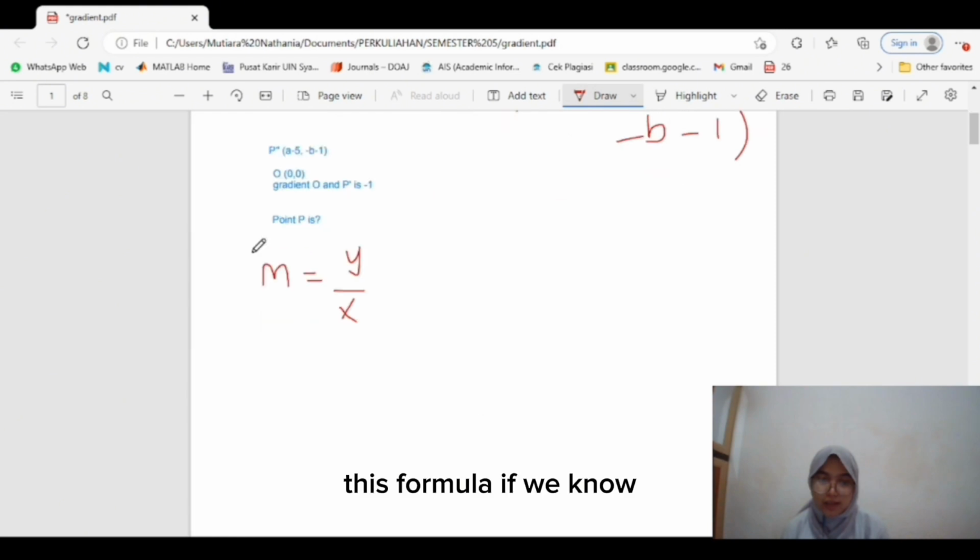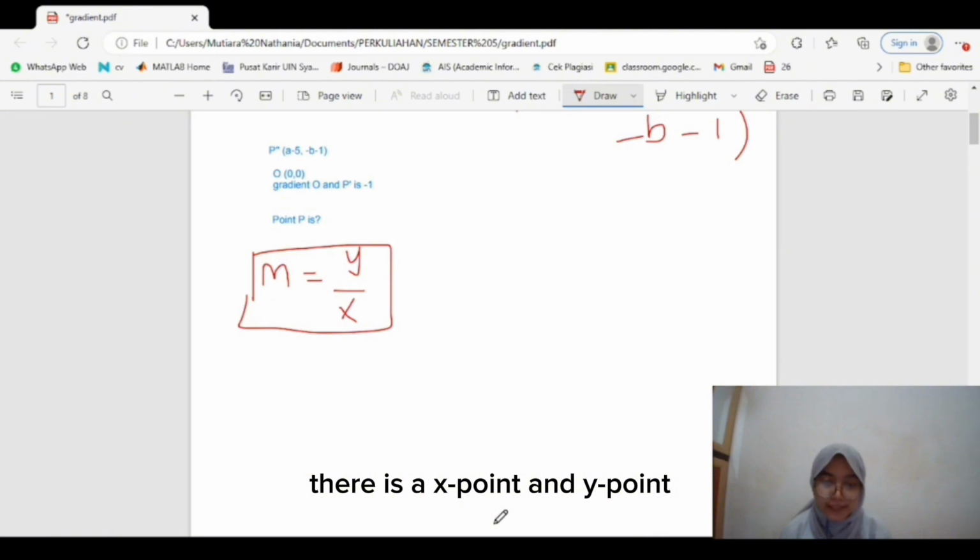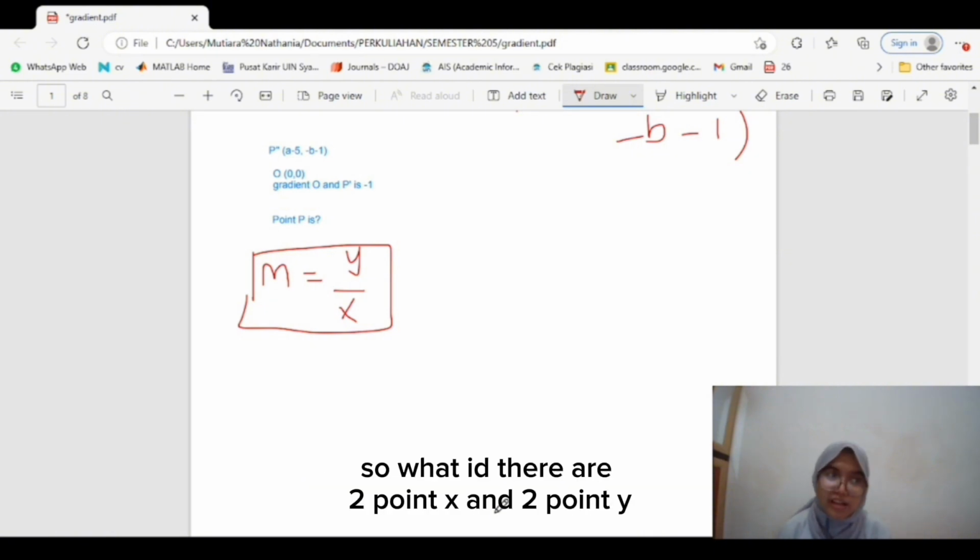This formula works if we know one x point and one y point. What if there are 2 x points and 2 y points?